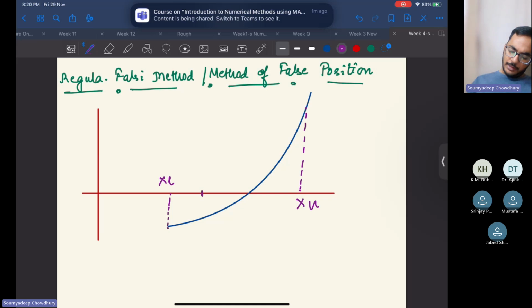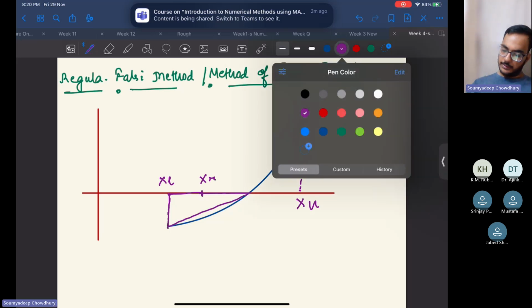And you take a random XR which is between these two, XL and XU. Then we need to find out what this XR is, right? Now if we draw two triangles here, you can see this is one triangle and one more triangle we'll see here.